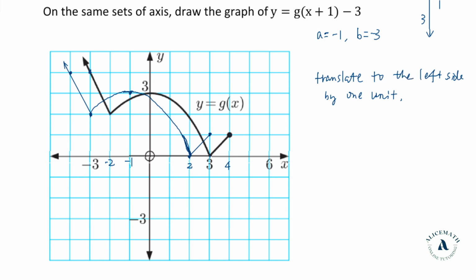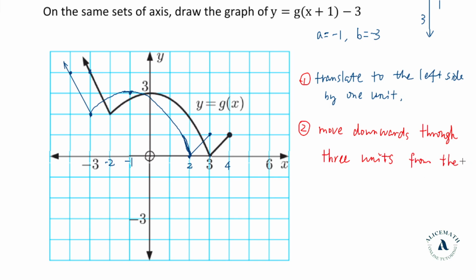Now we move on to the second translation. This is the first step. And the second step, we need to move downwards through 3 units, from the graph in the first step.